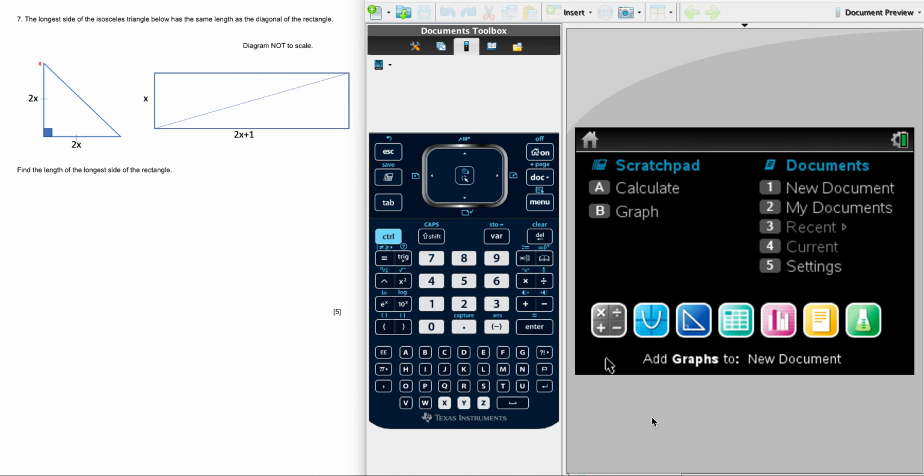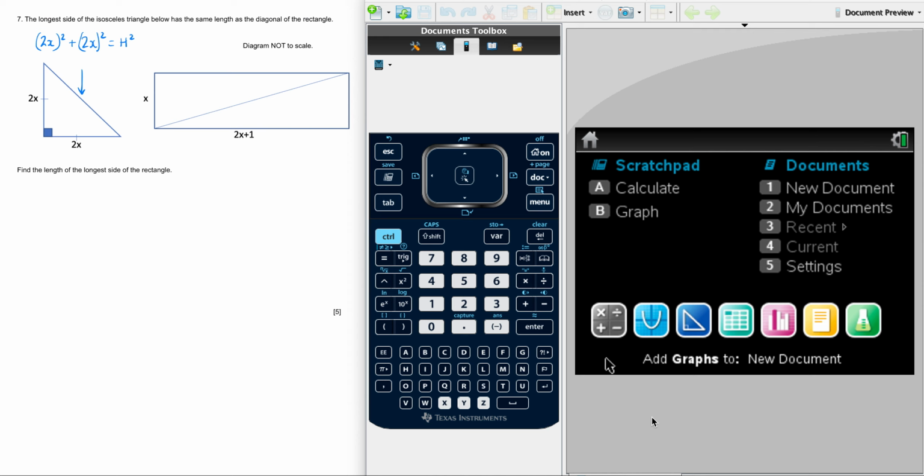Okay, so the way that we find the hypotenuse on a right-angled triangle, when I know the other two sides, is using Pythagoras, which we've done in a previous unit. First of all, we need to find the length of these two sides. Looking at the triangle first, using Pythagoras, I've got 2x squared plus 2x squared equals the hypotenuse squared.